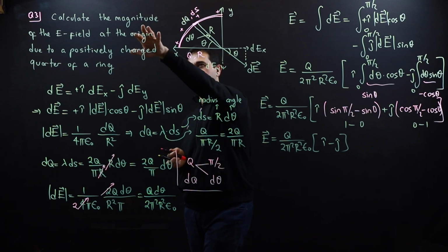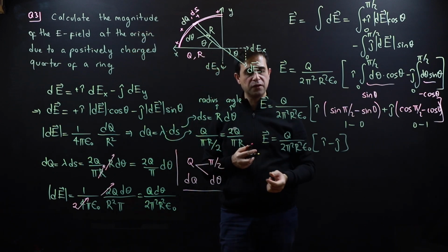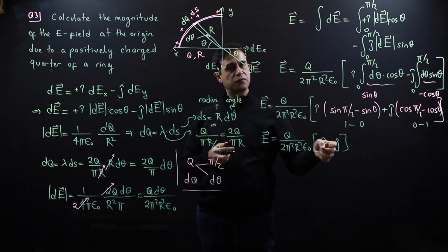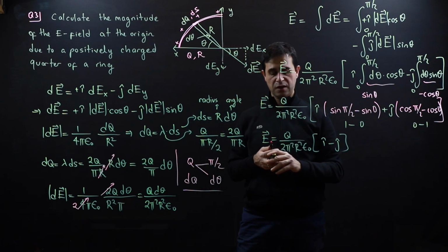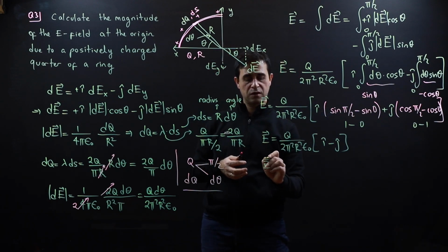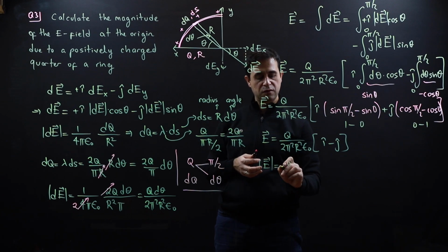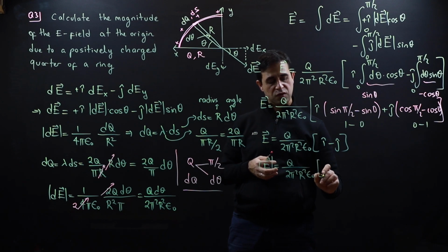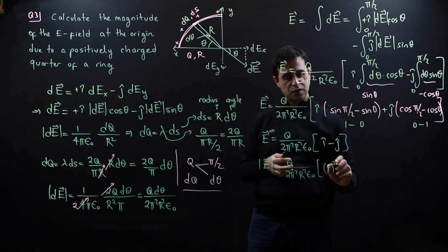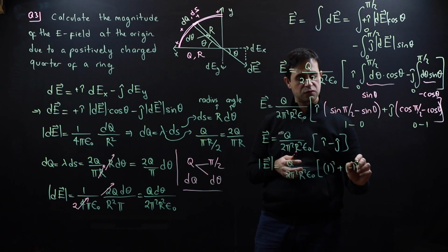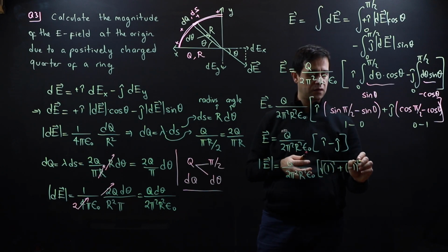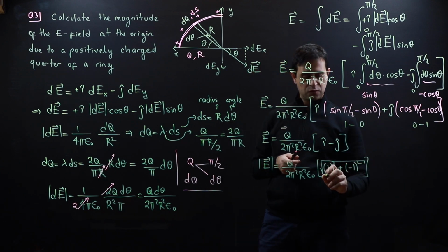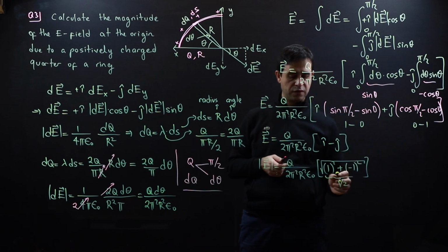Now the question is asking us to calculate the magnitude of the electric field. This is the x component, this is the y component, and that's the common factor. You take the square of each, add them up, and take the square root to get the magnitude. So E magnitude will be the common factor in front, and then you take the square of each, 1 squared plus minus 1 squared, and then take the square root of the whole thing. 1 plus 1 is 2, so the whole thing is square root of 2.